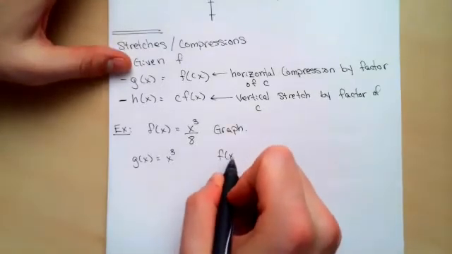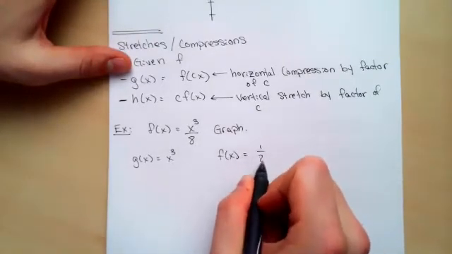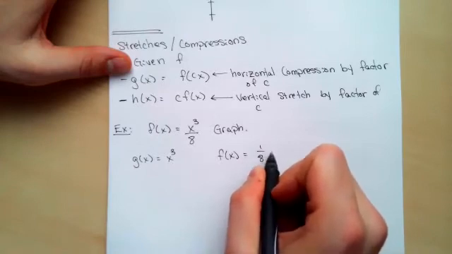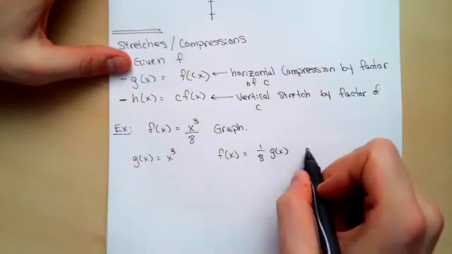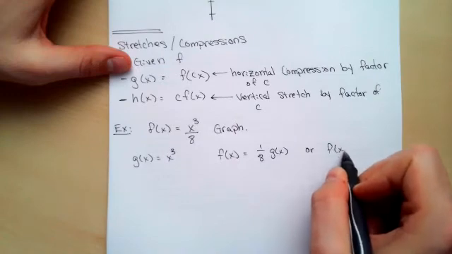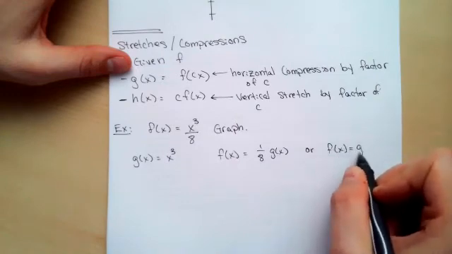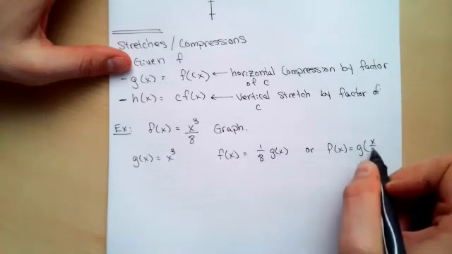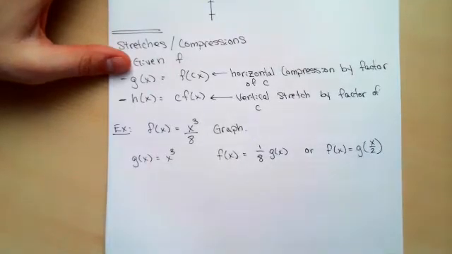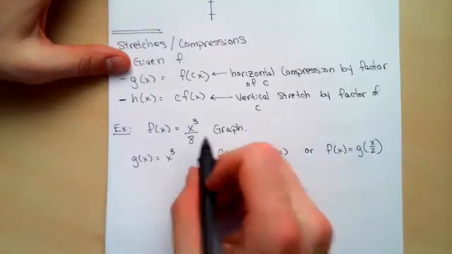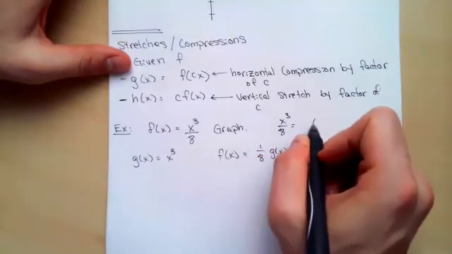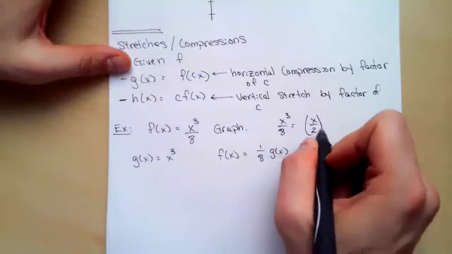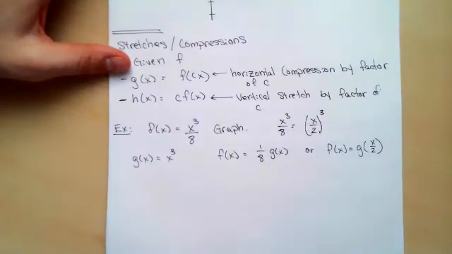Well, we can either take x cubed and then divide by 8 or multiply by 1/8. Or we could write it as g of x over 2. Since our x cubed over 8, we could write as x over 2 quantity cubed.